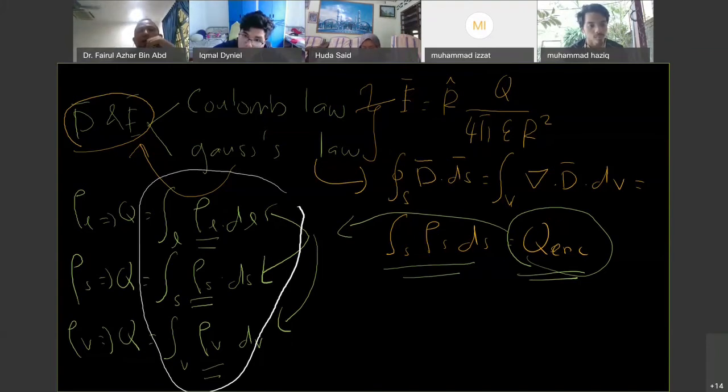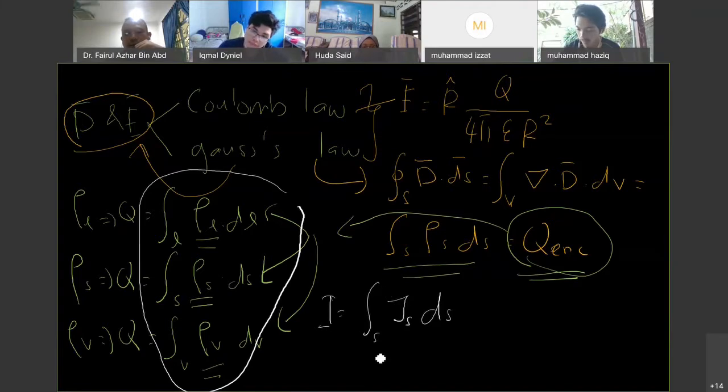So if given Js for example, the current density, in order to find the absolute value for the current, we need to perform the surface integration of Js dot ds. So that is generally electrostatics. You just go around in circles on that.